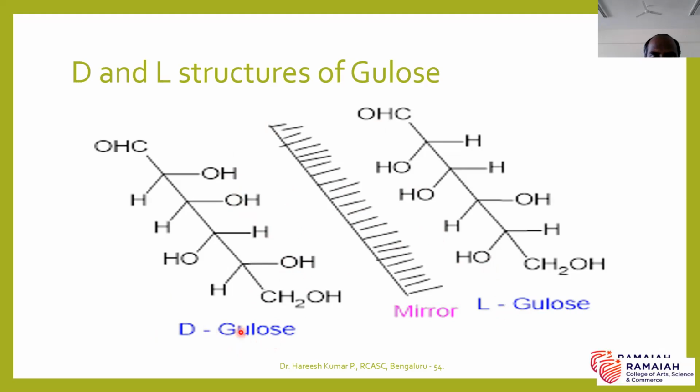And here D and L is assigned based on the bottom chiral carbon atom. If the hydroxy group is on the right hand side, it is D, and if the hydroxy group is on the left hand side, it is L. So this is about the D and L configuration of sugars, more particularly trioses and hexoses.